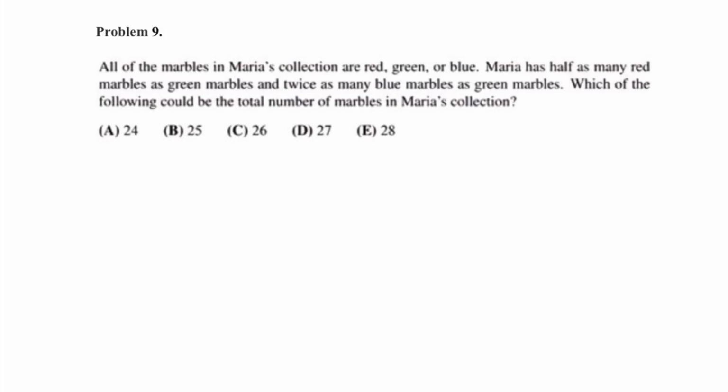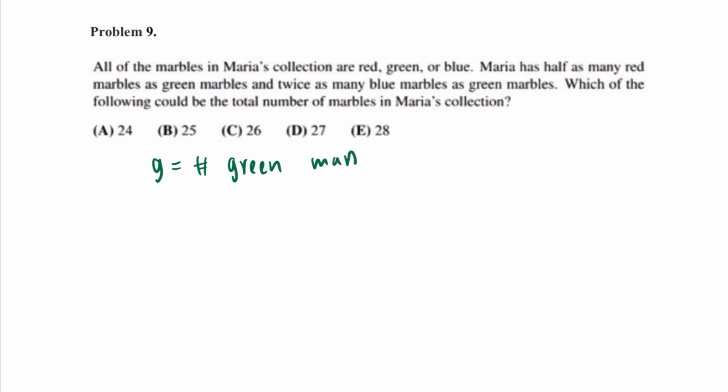Since all the amounts of marbles are listed in terms of the green marbles, we'll say G is the number of green marbles. Then Maria has half G red marbles and 2G blue marbles.